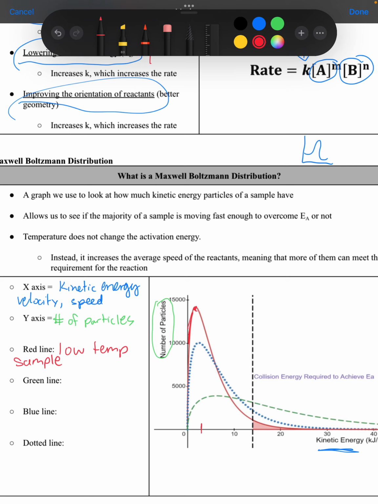So what this red line is telling us is that most of the particles in that sample are moving very slowly. All right? Our green line that's dotted down here at the bottom is our high temperature sample.